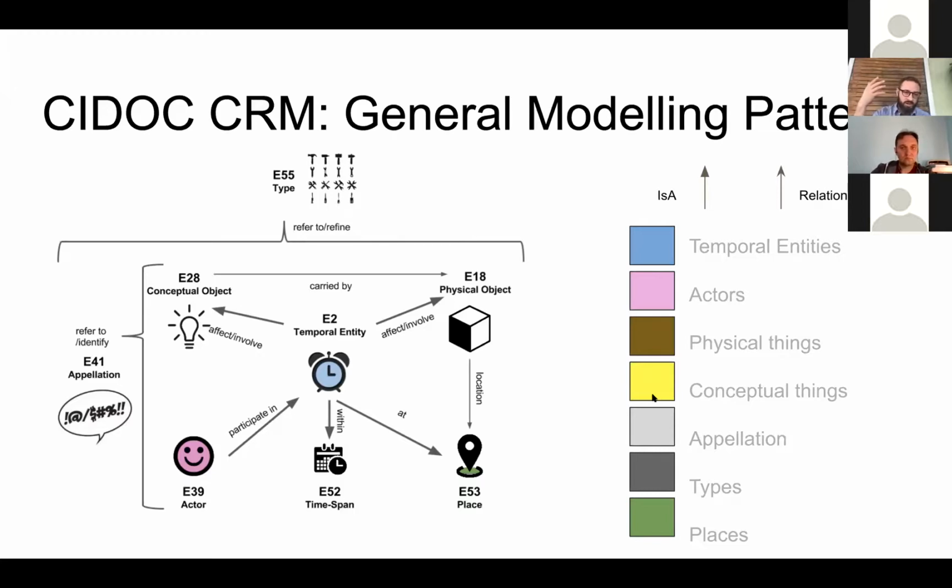We have the notion of conceptual object. Conceptual objects are ideas. They can only be the products of a human mind, and then we subdivide them into things like symbolic objects, propositional objects, and visual items. But basically, they have a different parameter for existence. They can only come to be because there was an event where somebody thought of it.